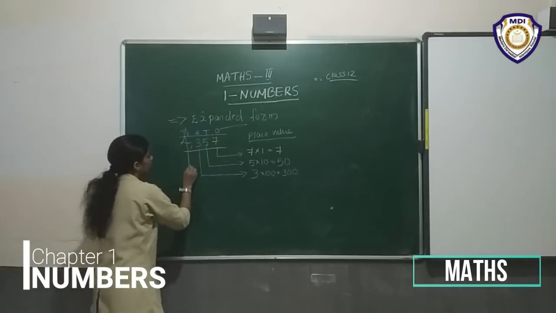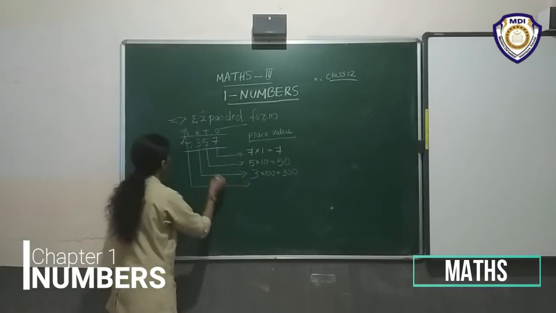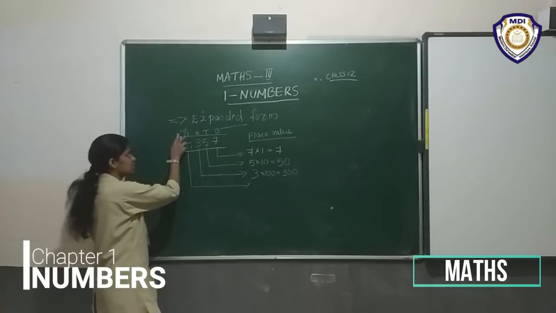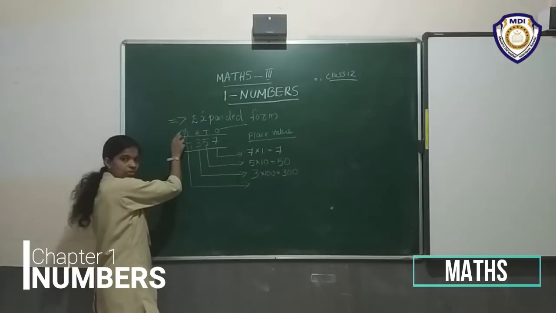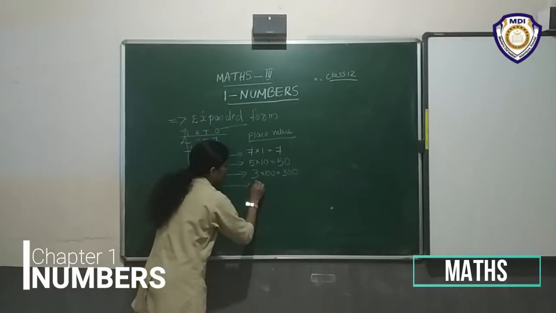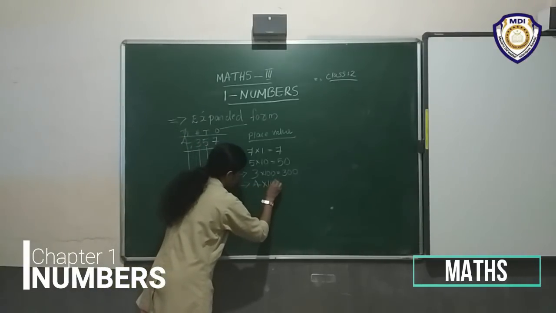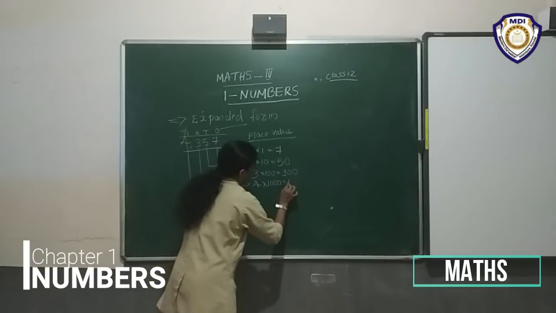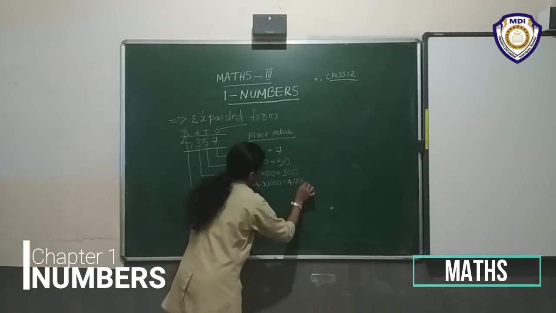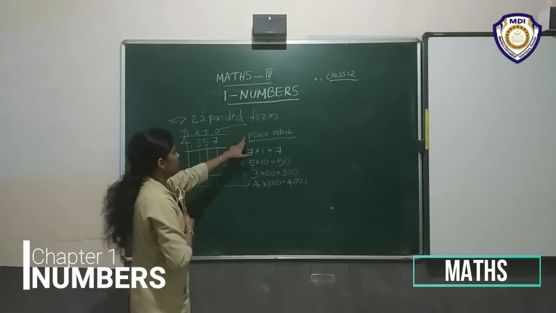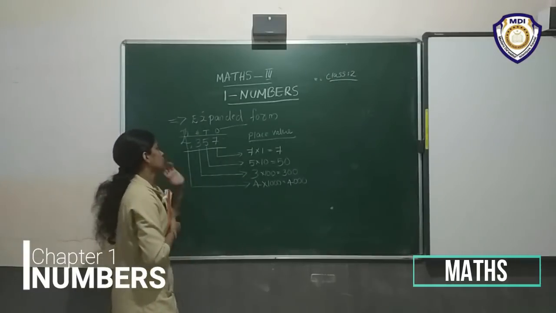Then 4 is in the thousands place. 4 into 1000, 4000. We find the place value.